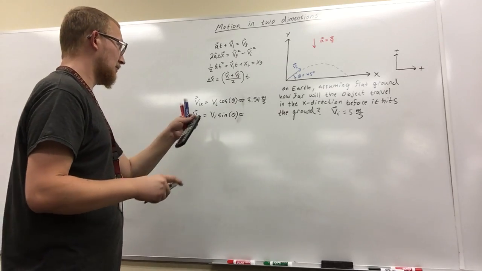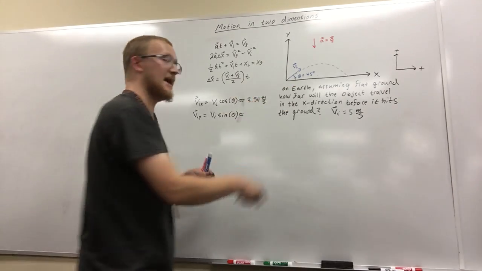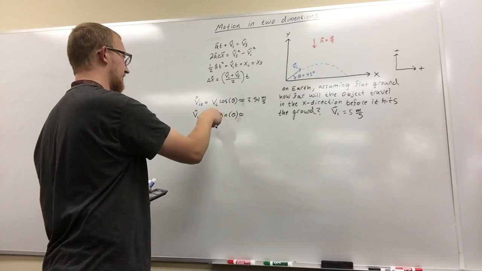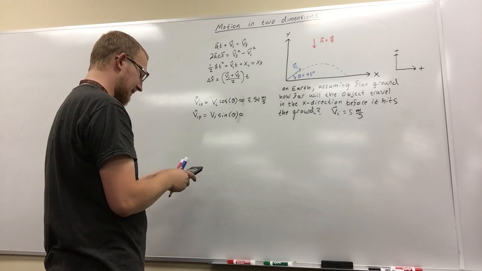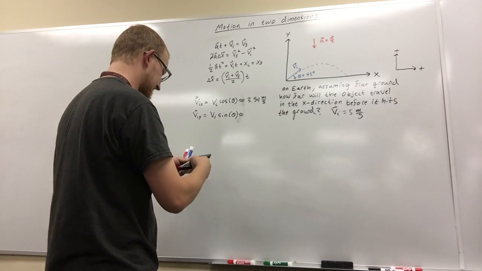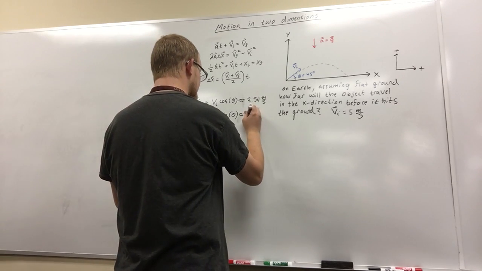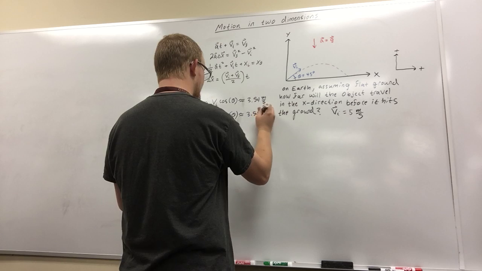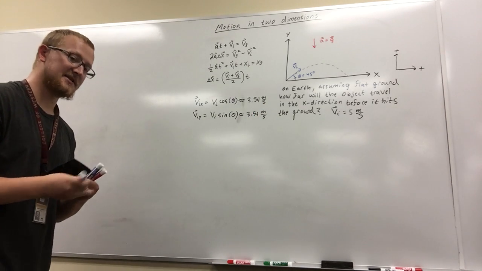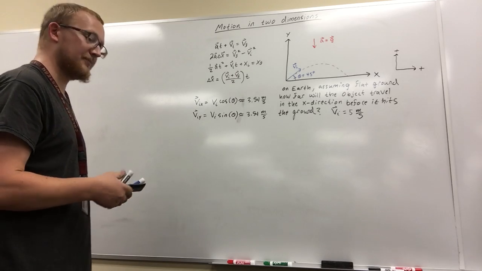What's interesting is with a 45-degree angle, the y component and the x component are equal, because cosine of 45 is equal to sine of 45. So I'll go ahead and plug it in anyways. It still equals root 2 over 2 times 5, approximately 3.54 meters per second. So those are our initial velocities in the x and y direction.